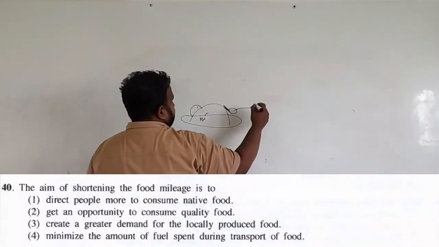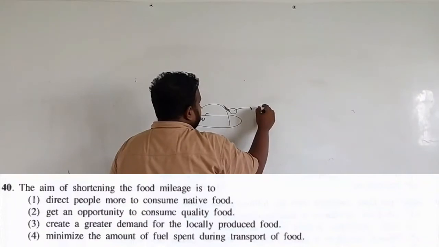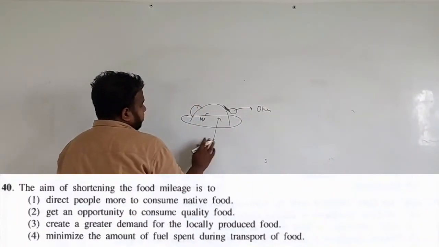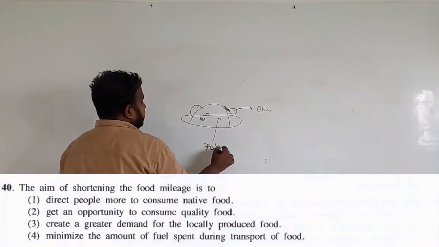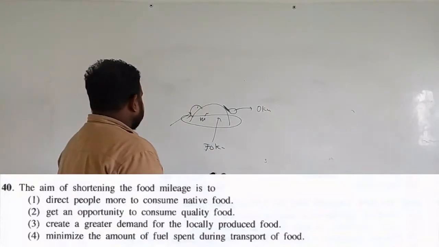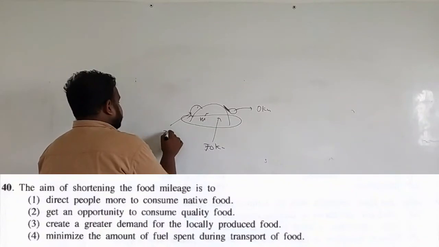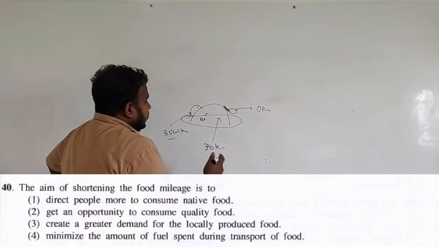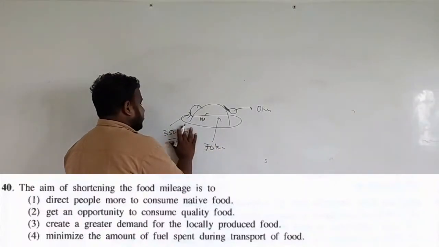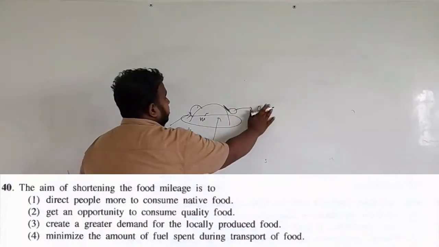The chicken might be from your house, so it's going to be 0 kilometers. Rice from Polonnaruwa, let's say, about 70 kilometers. Dal from Pakistan, Mysore dal is from Pakistan, so it's about 3,500 kilometers. Simply, this gives you the total mile value, how much the food mile is.